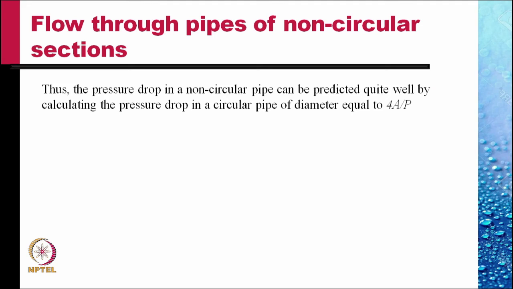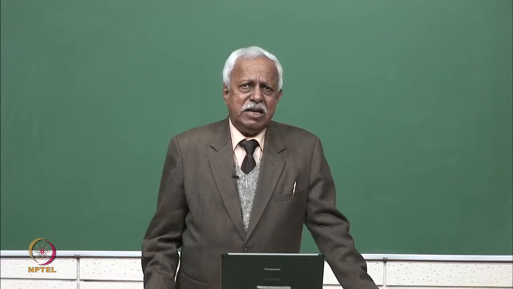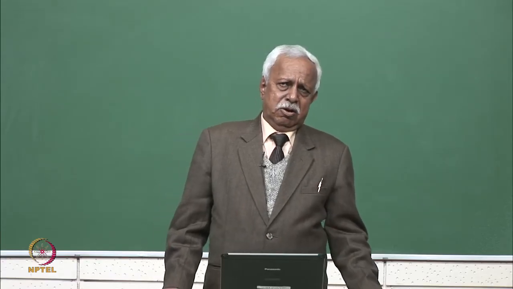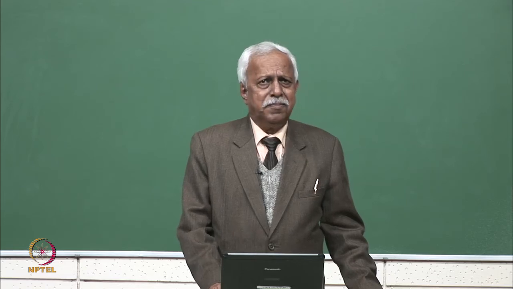Thus, the pressure drop in a non-circular pipe can be predicted quite well by calculating the pressure drop in a circular pipe of diameter equal to 4A by P. Using this as the diameter D, we can use Moody's chart or the Colebrook formula.